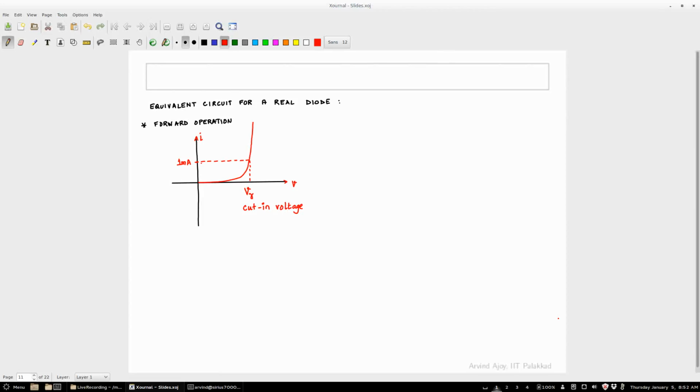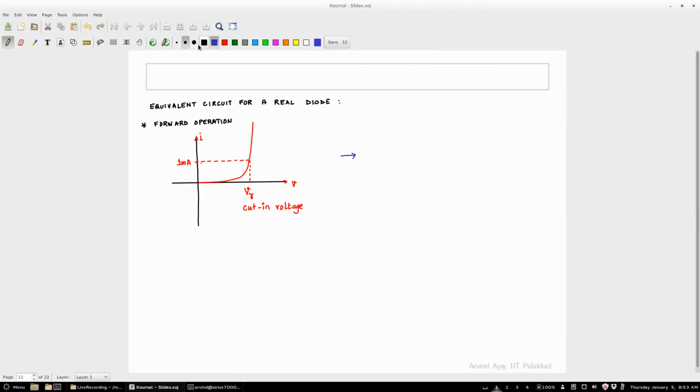You will find that different books define this cut in voltage differently. This is a good definition that works for many applications. Let's go with this definition. It may be slightly different from what the textbook that we are following suggests, but I prefer this definition.